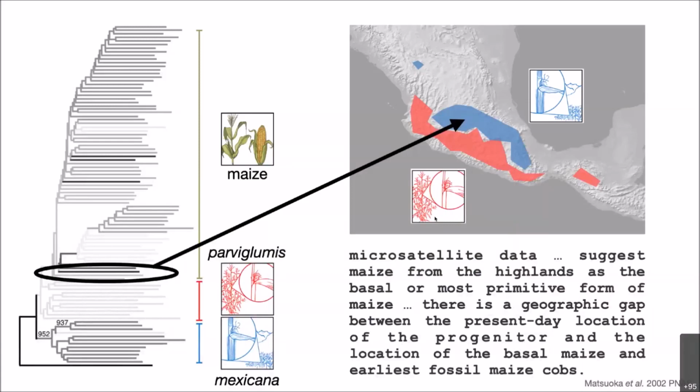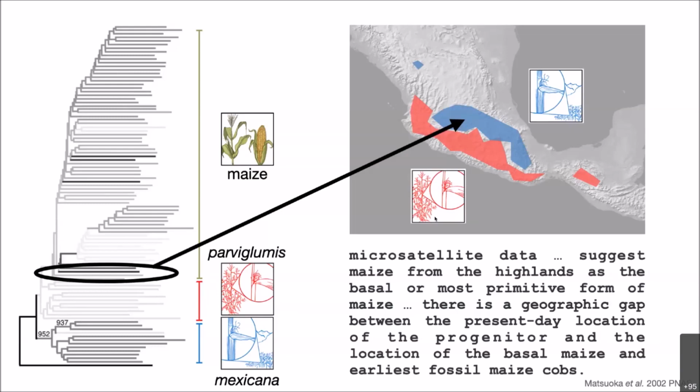And this is where my lab comes in, because even in the first reading of John Doebley's paper on the origin of maize, there was a fairly evident paradox in his data. John pointed out that the microsatellite data suggests that the maize that looks most genetically similar to Parviglumis, if we assume that Parviglumis is the direct wild ancestor, actually comes from the highlands of Central Mexico, where this arrow is pointing.